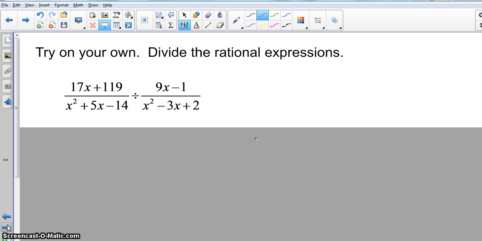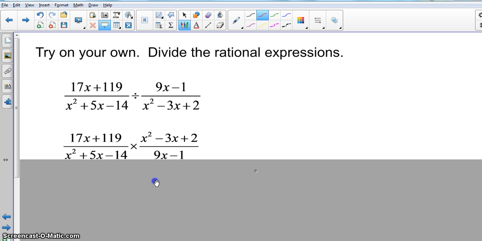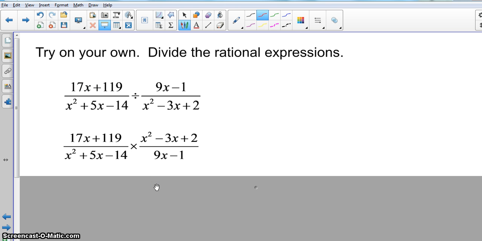Alright, so hopefully you got this correct, and just go through each step and let's check it out. So very first step, again, I want to change my division to multiplication, and then I take the reciprocal of my second fraction. Now that it's a multiplication problem, I can look to factor. So I have a GCF in the numerator of my first fraction. That GCF is actually 17.